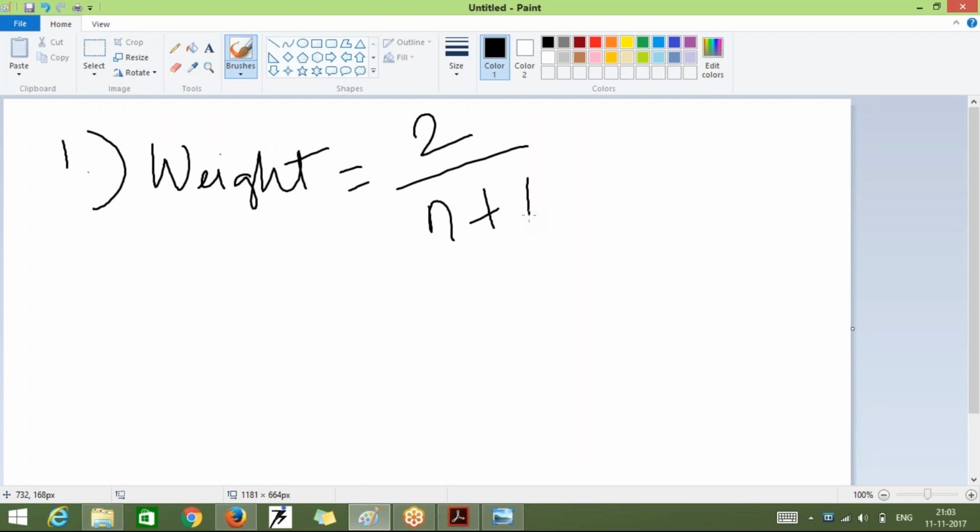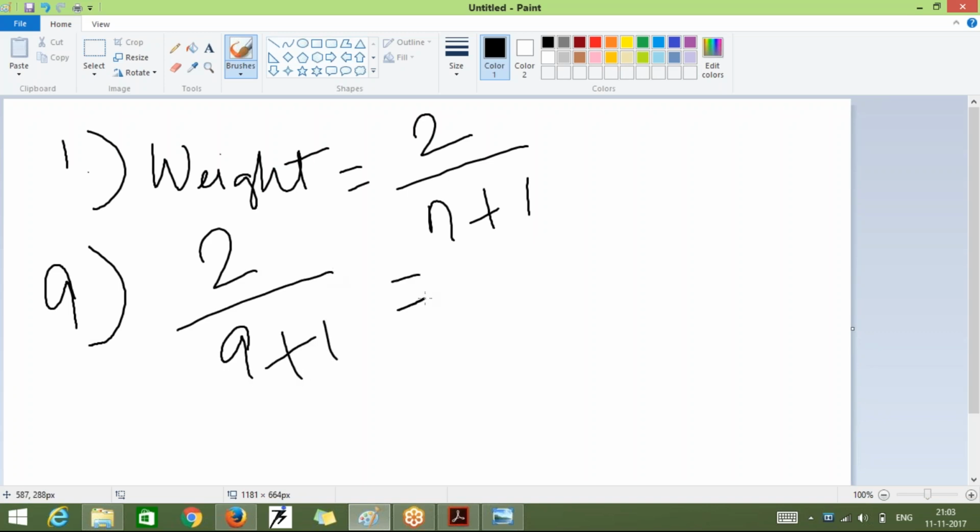Suppose we want a 9 period EMA. The weight being added would be 2 by n plus 1, that is 2 by 10, which is equal to 0.2. So this is an extra factor which is being added.